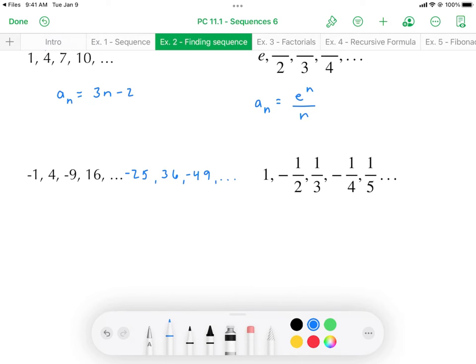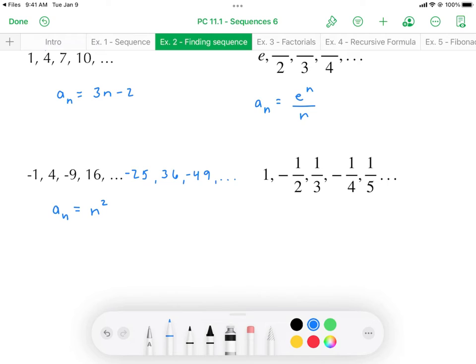So we could begin our explicit formula with a sub n equals n squared. Then I have to now account for the fact that every other term, beginning with the first term, is negative.